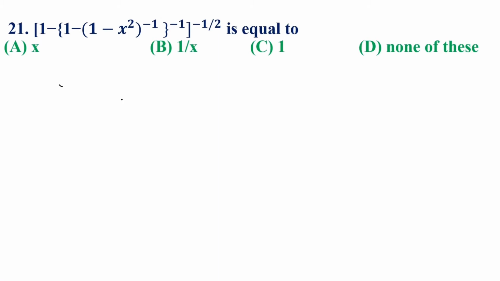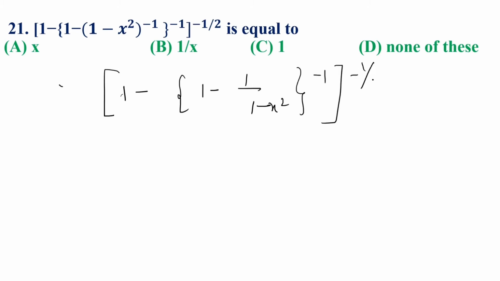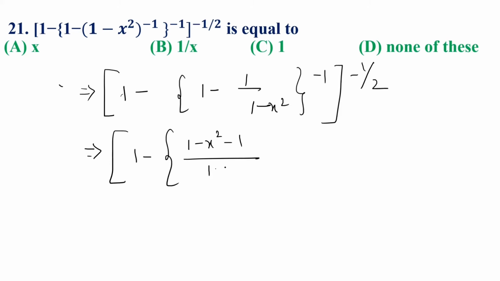They have given 1 minus... So this can be written as 1 by 1 minus x square, minus 1 minus 1 by 2. This will become 1 minus x square minus 1 by 1 minus x square to the power of minus 1 minus 1 by 2.